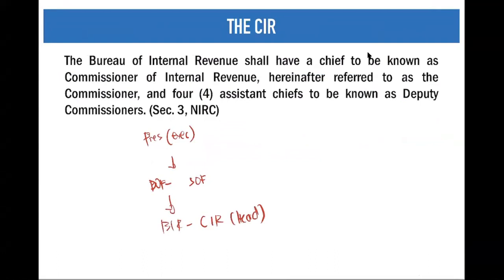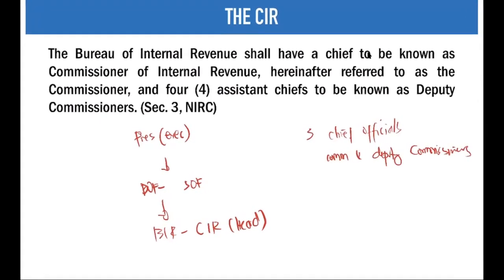But actually, there are five chief officials of the BIR. So what are these five chief officials? We call them the commissioner and the deputy commissioners.